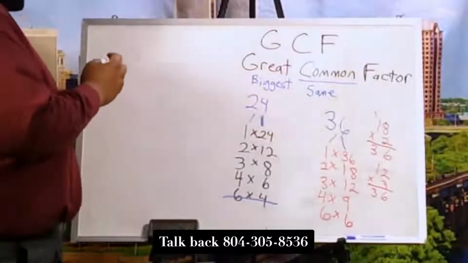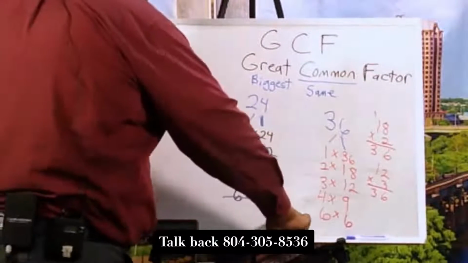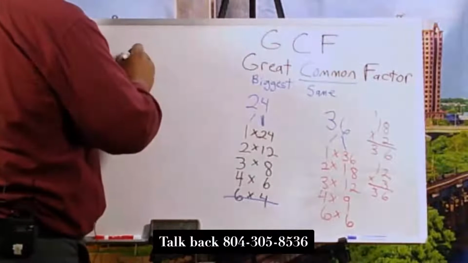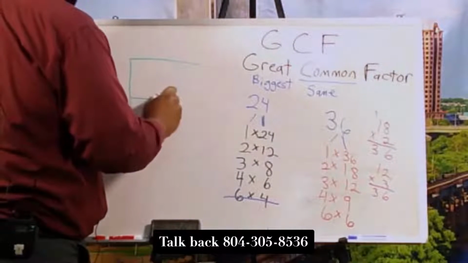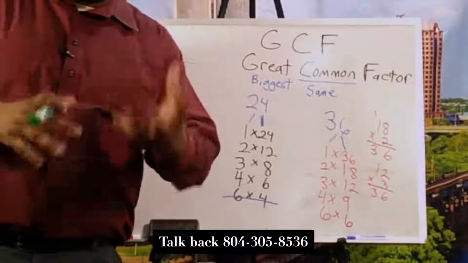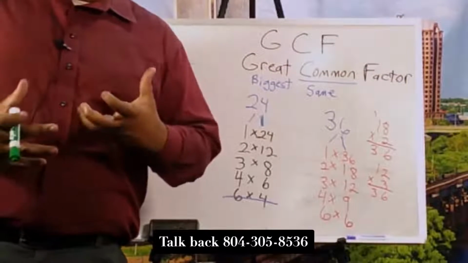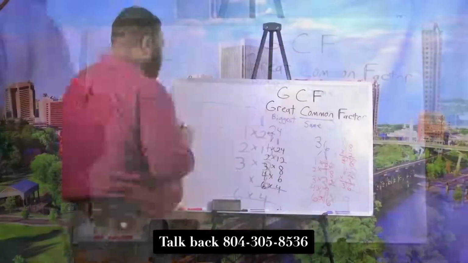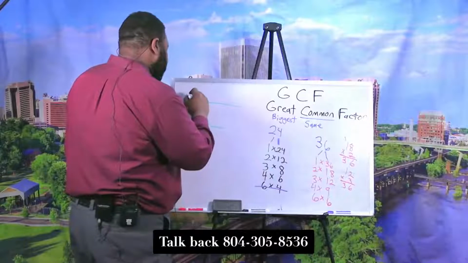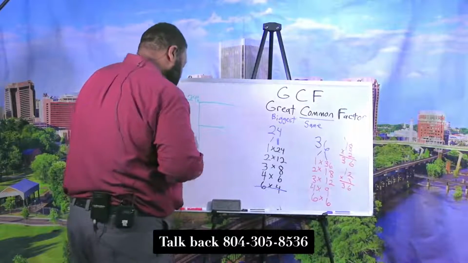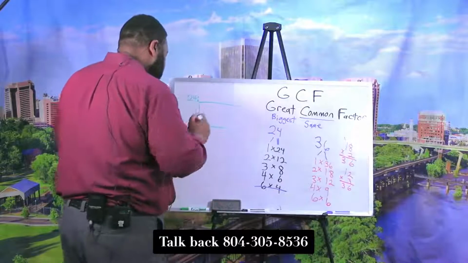Depending on what state you're in, people do different things. What I want to do is this thing called the big F. I call it the big F. Watch this. All this is nothing fancy. It's all a graphic organizer. And I like the big F because we're talking about the factor. So first we had 24, and then our other one would be 36.